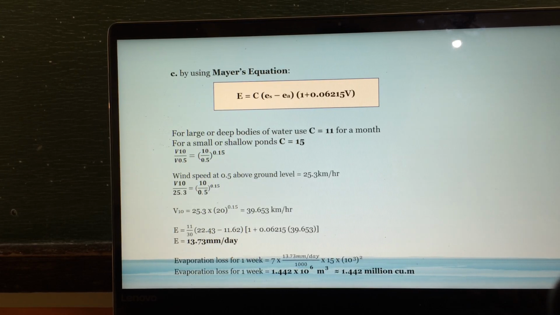Evaporation loss for 1 week is equal to 7 times 13.73 mm per day over 1000 times 15 times 10 raised to 3 squared. Evaporation loss for 1 week is equal to 1.442 times 10 raised to 6 cubic meter, or equivalent to 1.442 million cubic meter.